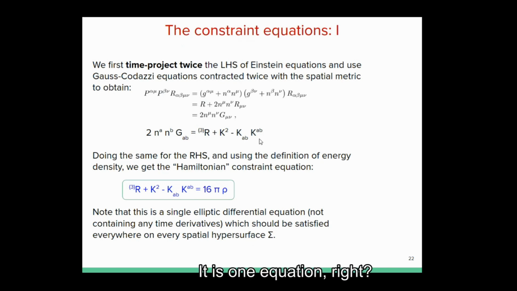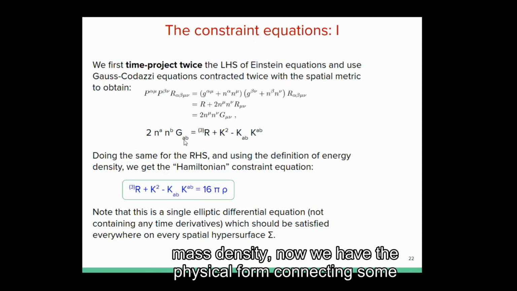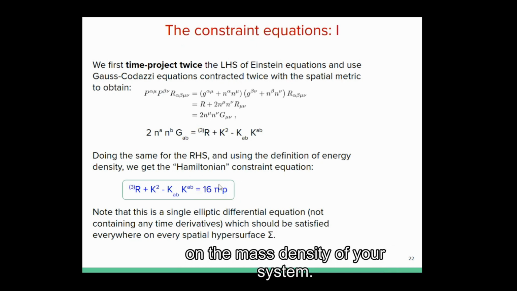It is one equation, right? It's a single scalar equation, as we can see. And if we replace this with T mu nu, then this becomes rho, the mass density. Now we have the physical form connecting some sort of conserved quantities of curvature that depend strictly on the mass density of your system. So this is our first constraint equation.